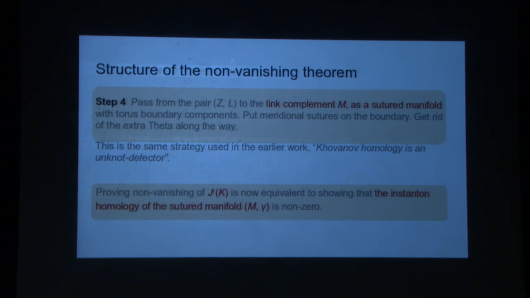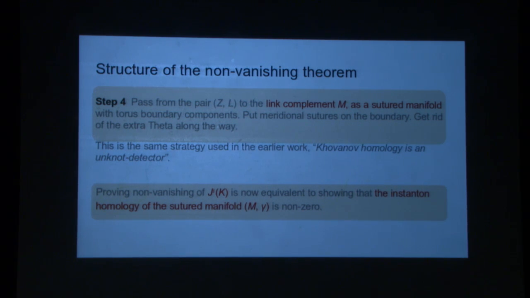At this point, we pass from this link in Z to its complement, which I'll write as M. We remove a tubular neighborhood of the link L, which we want to regard as a sutured manifold in the sense of Gabai's sutured manifold theory. This gets back to earlier work that Tom and I did, extending the notion of instanton homology from three-manifolds to sutured three-manifolds.